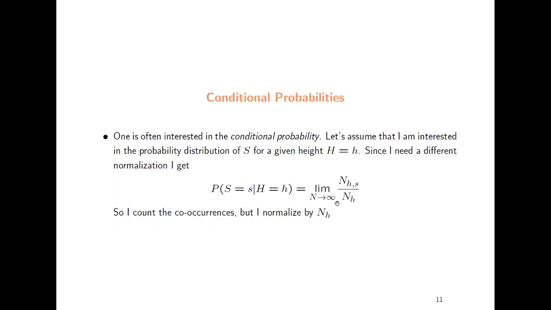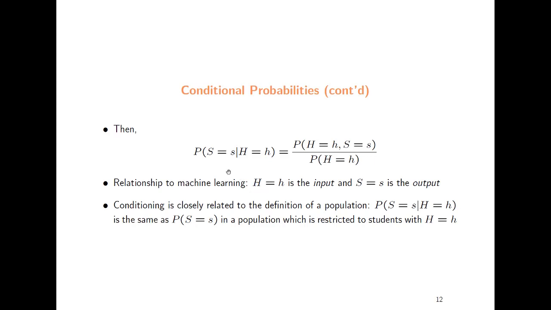And if I look at this definition and use the formulas before, I can see that the conditional probability of size given height is the same as the joint probability of height and size divided by the probability of height.